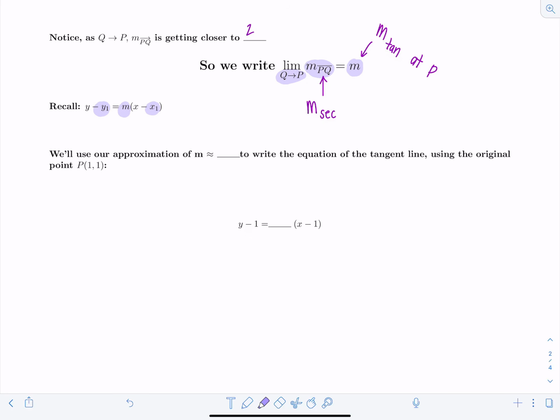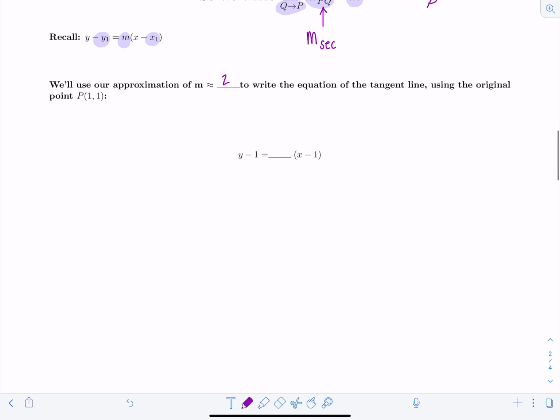So we can use our approximation that the slope of the tangent line is 2 to write the equation using the original point P at (1, 1). So y minus 1 equals 2 times (x minus 1), and distributing, y minus 1 equals 2x minus 2, so y equals 2x minus 1.